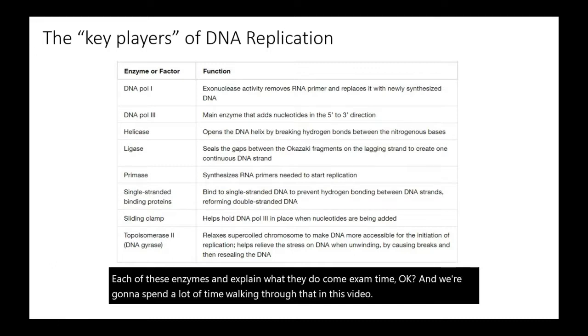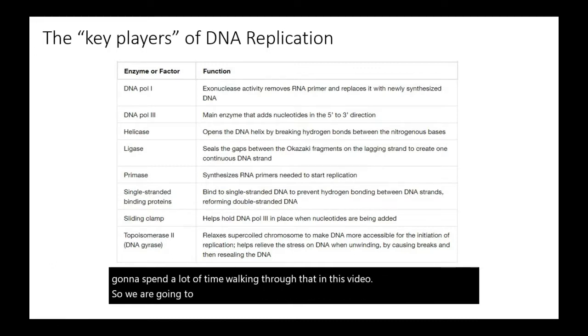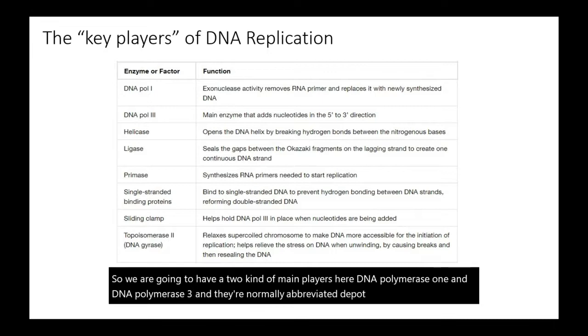So we are going to have two main players here, DNA polymerase 1 and DNA polymerase 3. They're normally abbreviated DPol1 and DPol3.